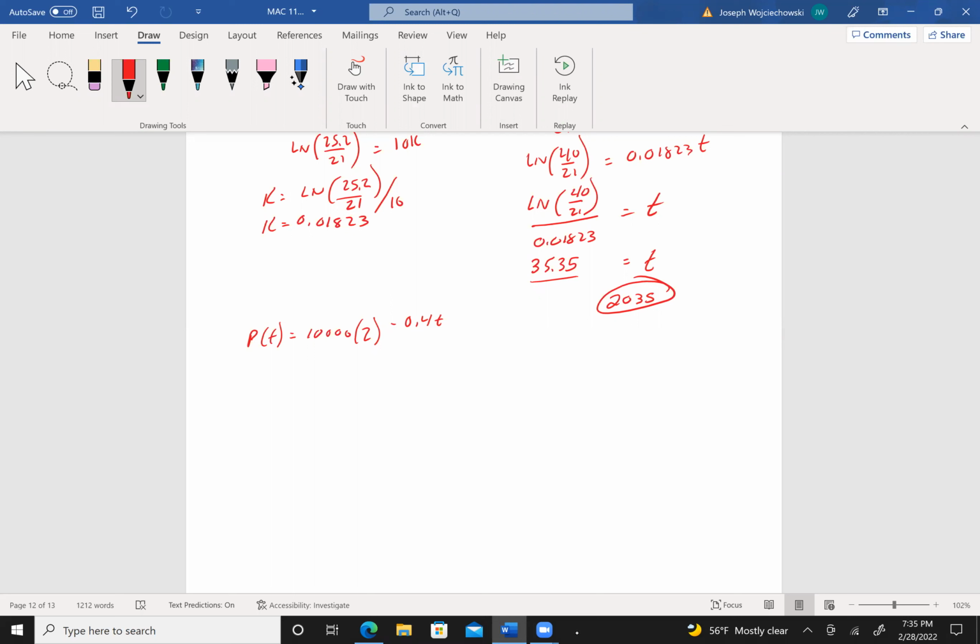So the first thing to note is 2 to the negative 0.4 t is equal to 2 to the t, to the negative 0.4.